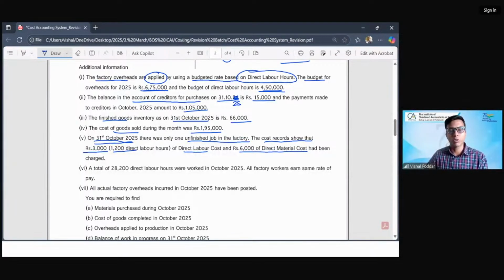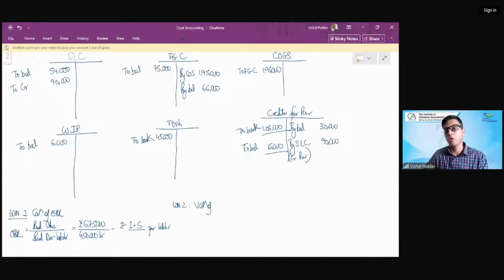So my working note 2 will be valuation of closing WIP: material plus labor plus production overheads. These three will make up the value.